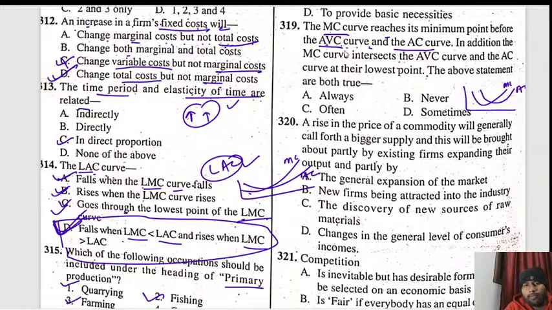In addition, the marginal cost curve intersects the average variable cost curve and average cost curve at the lowest point. The above statements are both true. Always, never, often, sometimes? It is always true. 319, it is A only. Moving to question number 320.